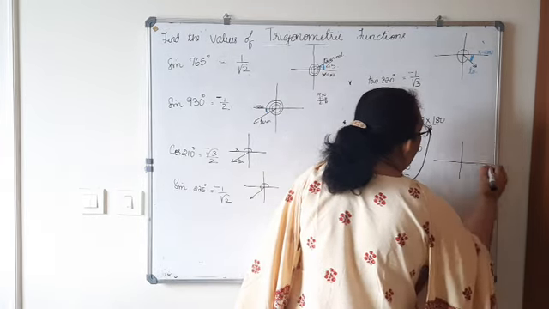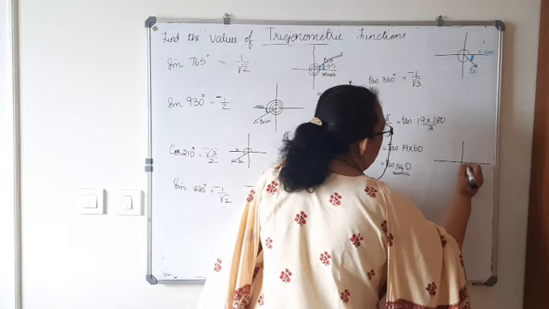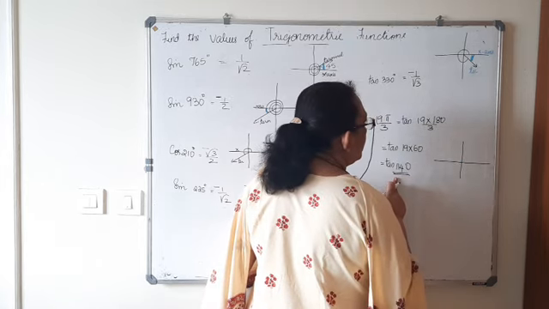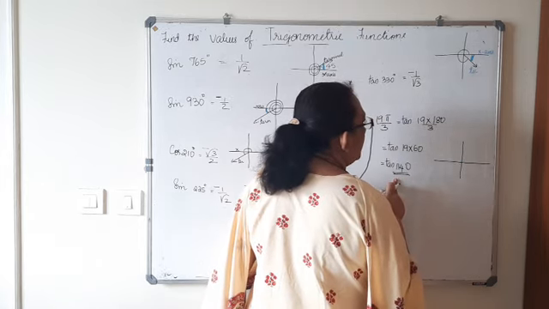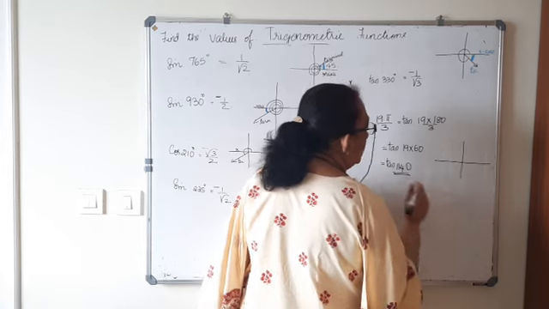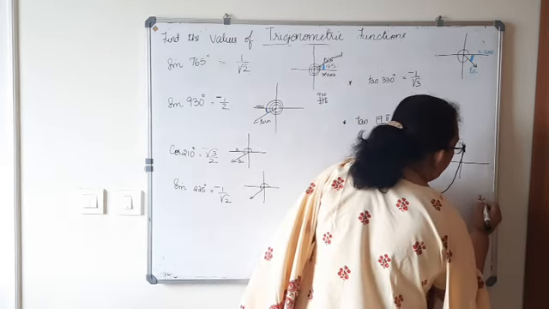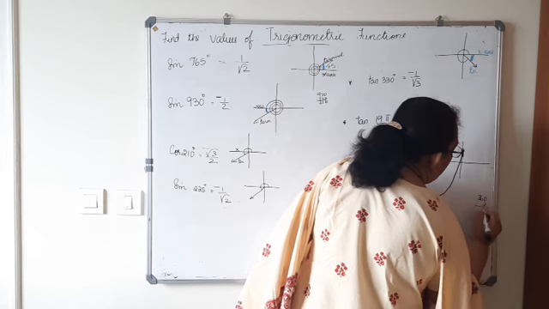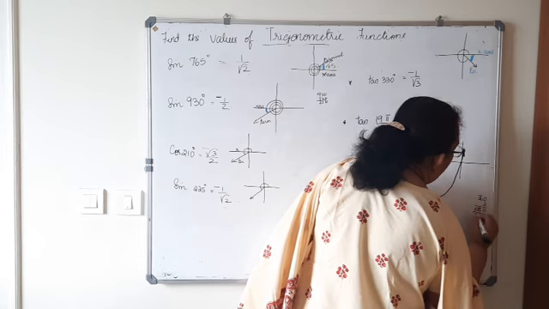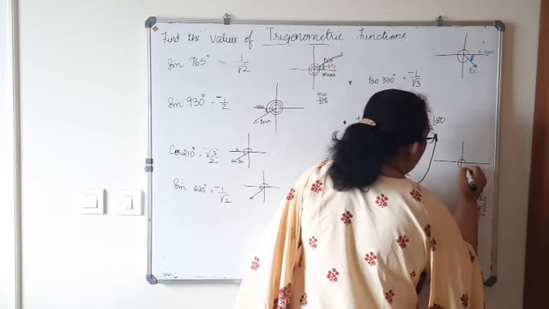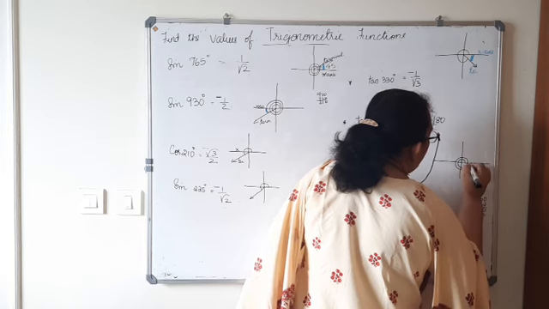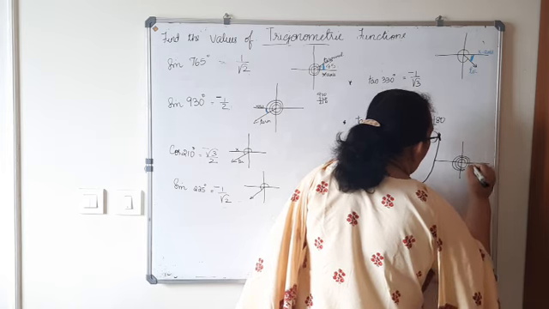Positive angle. 1140 means 360 into 3, 3 rotations. 1, 2, 3.